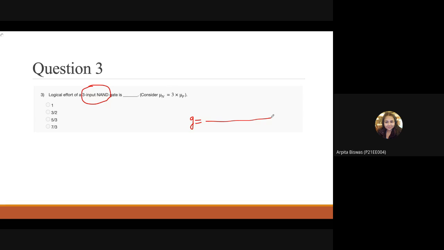Please try to calculate it. Three input NAND gate, the logical effort, and given is mu n equal to thrice of mu p.